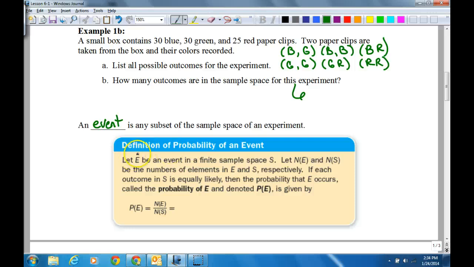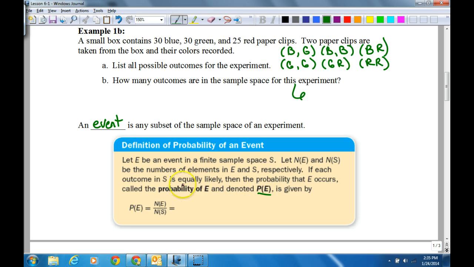The definition of the probability of an event: let E be an event in a finite sample space, S. Let the number of E and the number of S be the numbers of elements in E and S, respectively. If each outcome in S is equally likely, then the probability that E occurs is the probability of E, denoted like this.